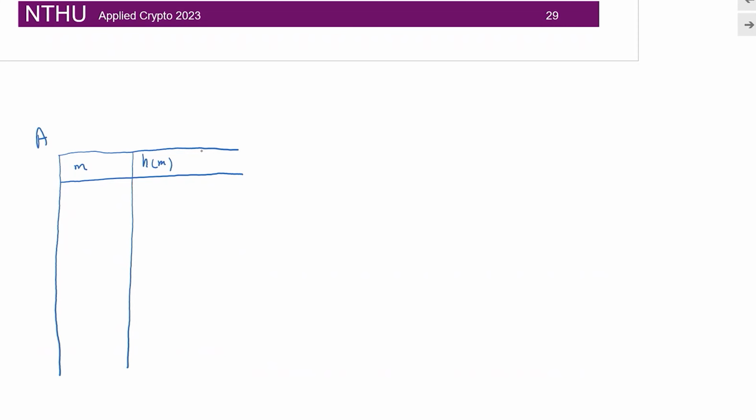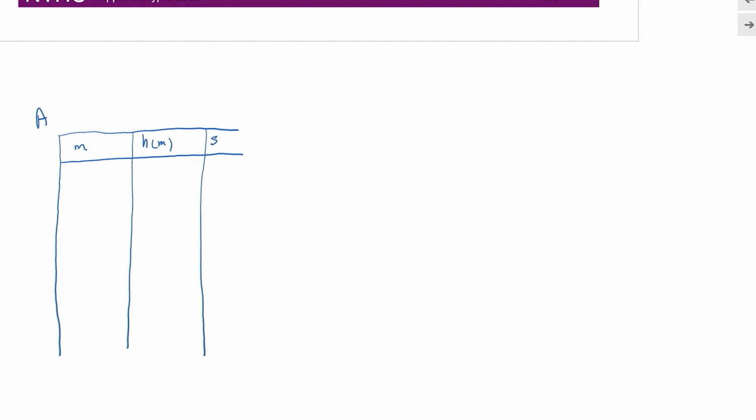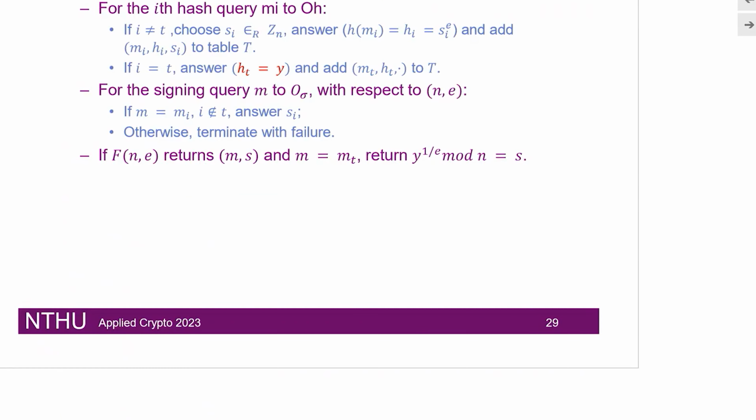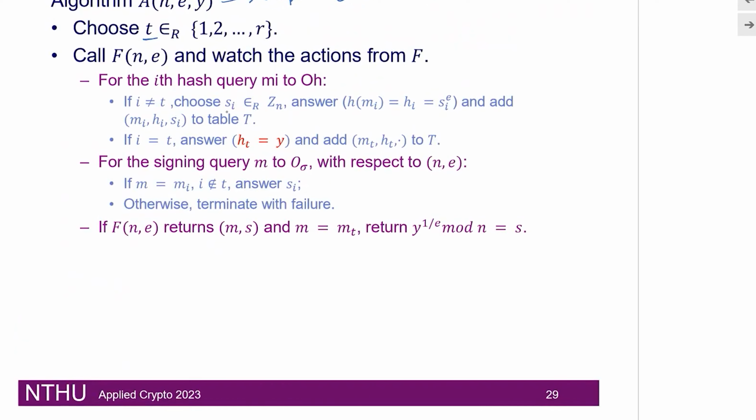So the first thing that he does is that he creates this table, so that he stores the computations. Whenever the attacker asks for a hash of some message, we check this one.